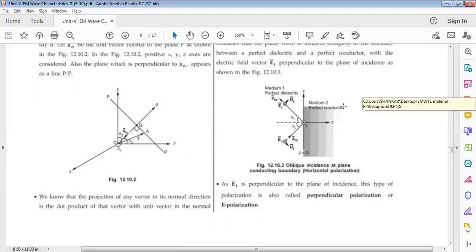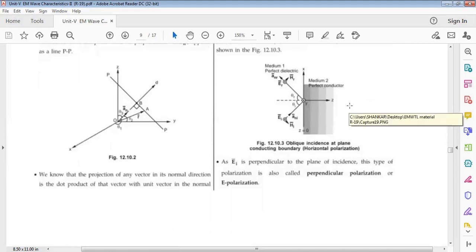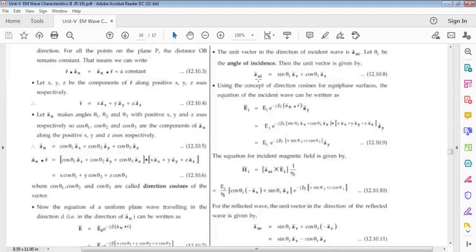There is no ANT, because in medium 2 we consider the perfect conductor, so there is no transmission. Let theta I be the angle of incidence.